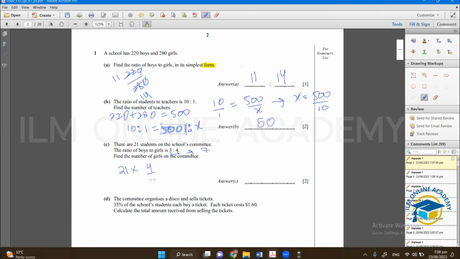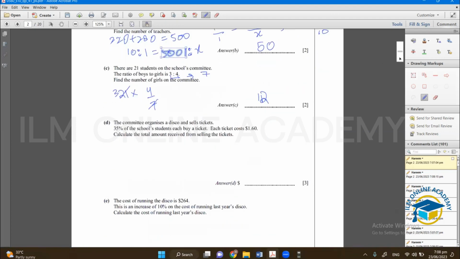So we multiply 21 by 4 over 7. The 7 is the total sum of the ratio, 4 is the ratio of girls in the committee, and 21 is the total number of students. So 7 threes are 21 and 4 threes are 12. So 12 is our desired answer.